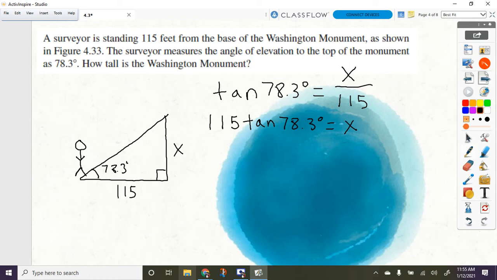You want to make sure that your calculator is in degree mode, otherwise you're going to get a really funky answer. We're going to plug that in, and we're going to round it to 3 decimal places. What do we get?